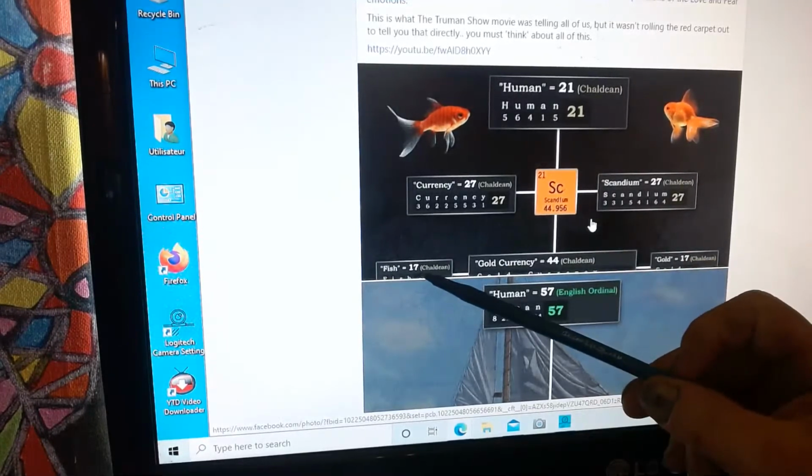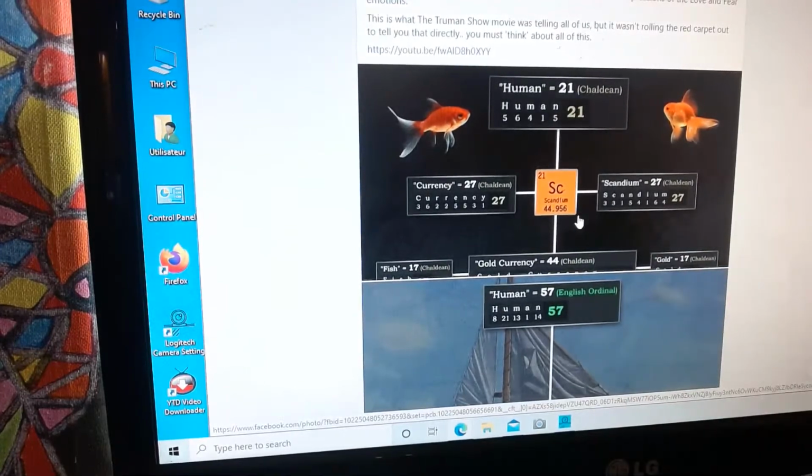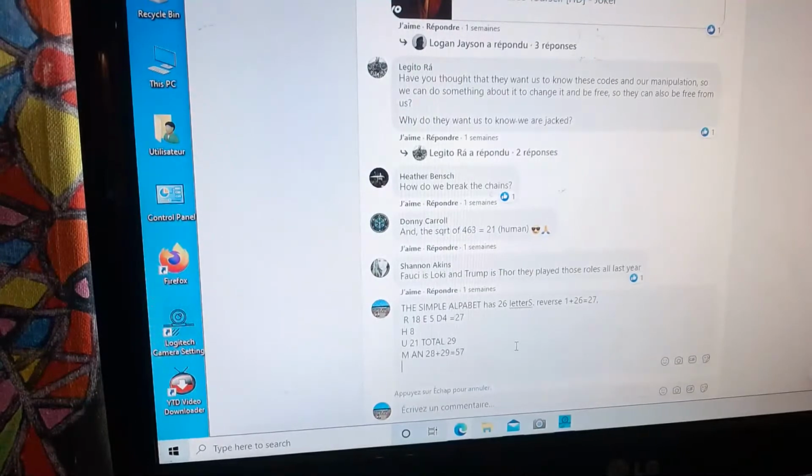Fish is number 17. God is also number 17. Gold is 38 for the church. So we're going to go down here, and we're going to go G7, O6, D4.